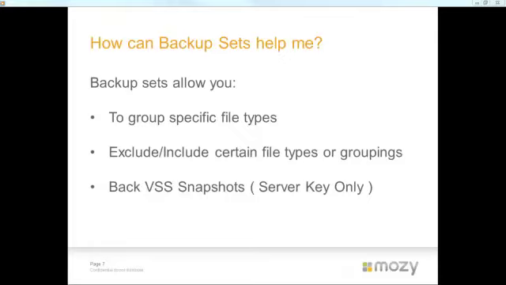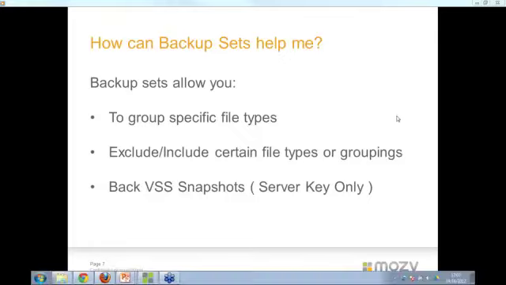And if they are in an area that you have selected for backup, they will be excluded because you'll have an exclusionary rule on them. Again, we will go through examples of this after we finish the slide deck here.